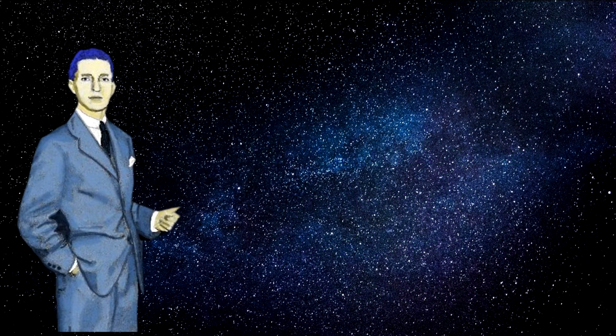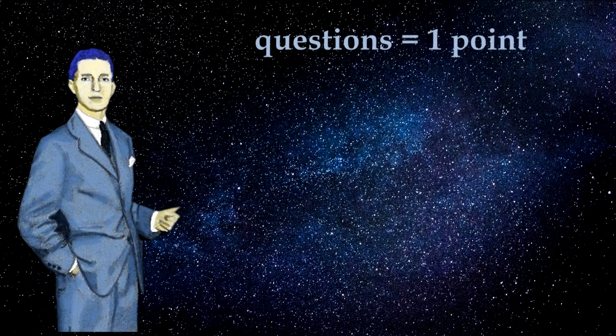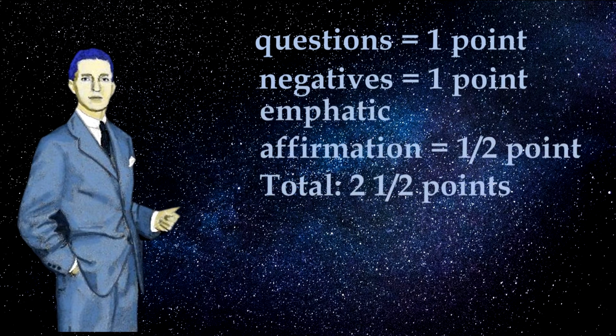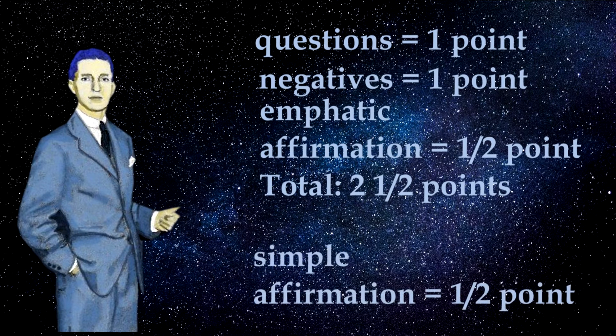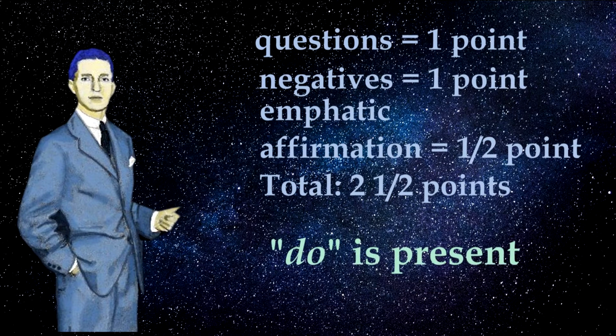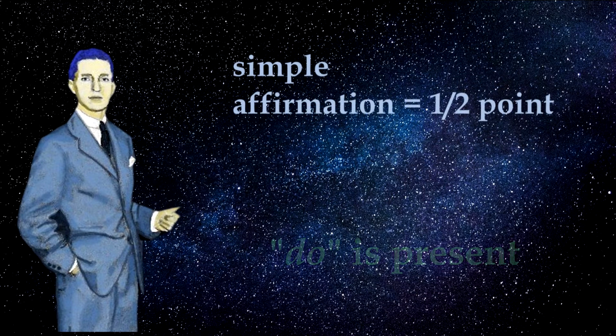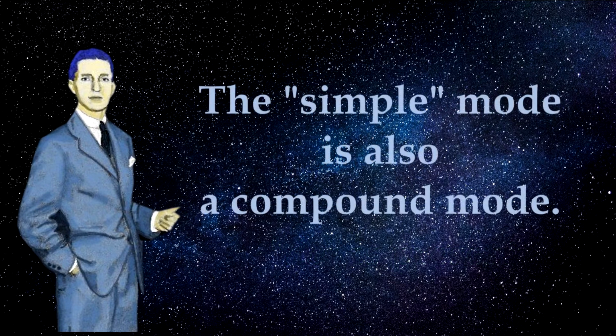If we assign points for each use, we get 1 point for questions, 1 point for negatives, and half a point for emphatic statements, whereas a simple affirmation only gets half a point. The auxiliary do is present in 2.5 instances in the simple mode and is only invisible in half. This means that even the simple mode is a compound mode.